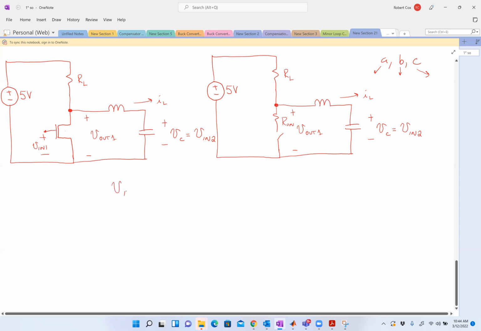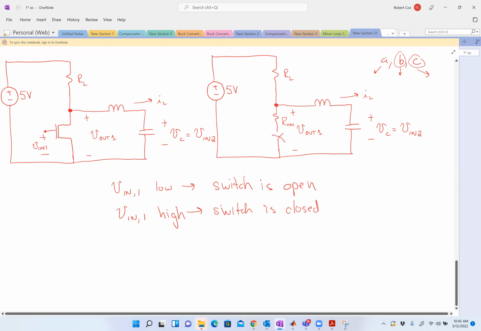When VN1 is low, that means the switch is open. And when VN1 is high, that means the switch is closed.